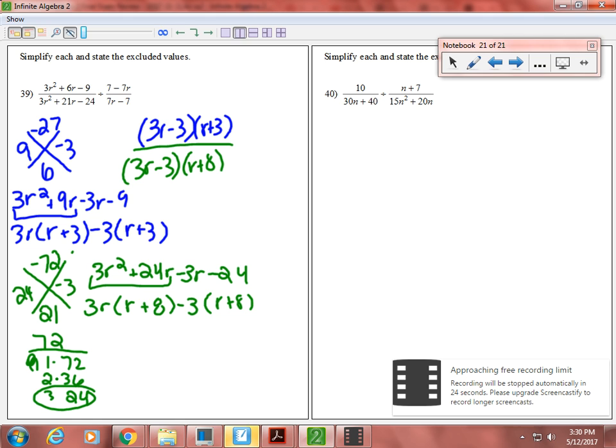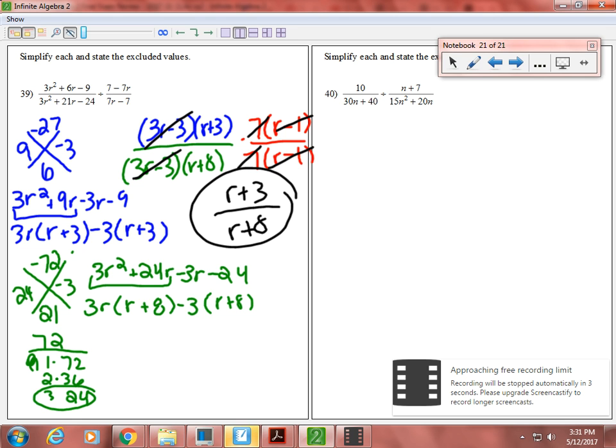So remember when we're dividing that we have to flip and multiply by the reciprocal on this. So the reciprocal with the greatest common factor is r minus 1 and r minus 1. I'm running out of time here, so I'm going to quickly go through those and those, these and these. So my answer is r plus 3 over r plus 8. And if it wants to know your excluded values, you're setting the denominator to 0.